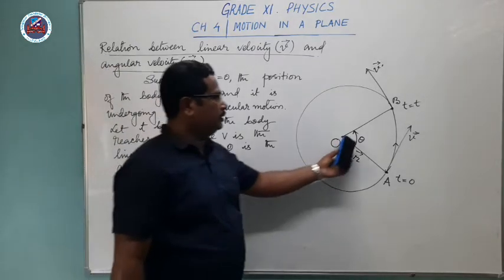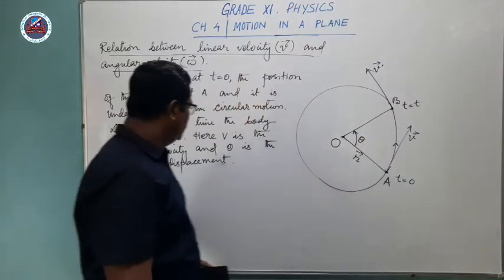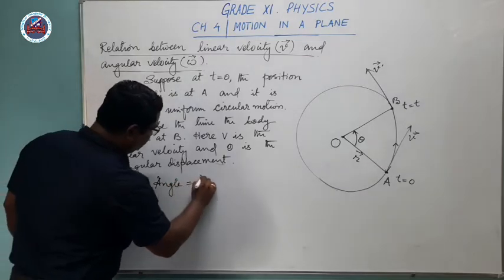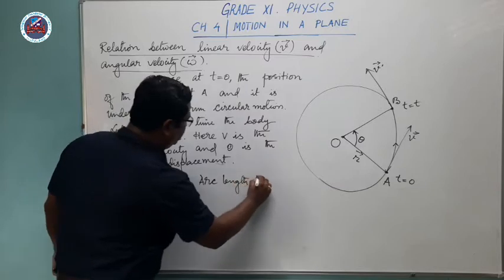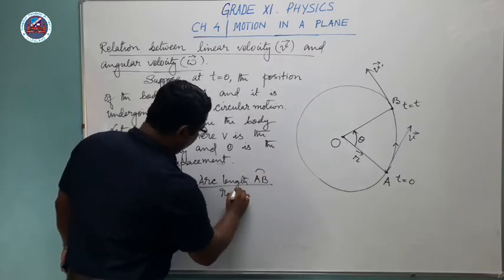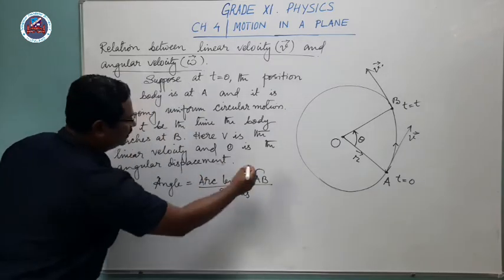Then using the trigonometry formula, angle is equal to arc length divided by radius. Your arc length here is AB, divided by the radius, which we are taking as r. Angle is theta here.